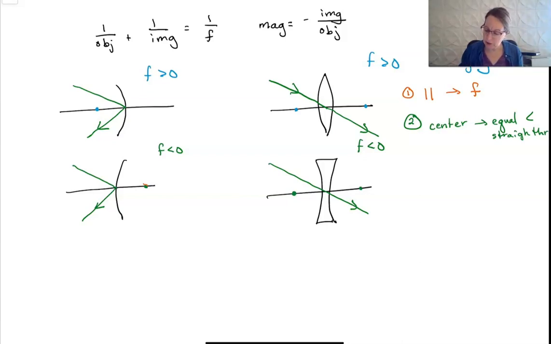Okay, finally, the third ray, often the harder one, goes through the focal point because it depends on where your object is, and then comes out parallel. So let's see that one.